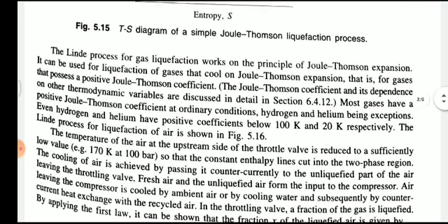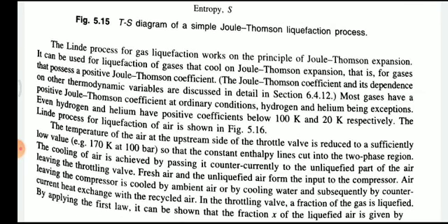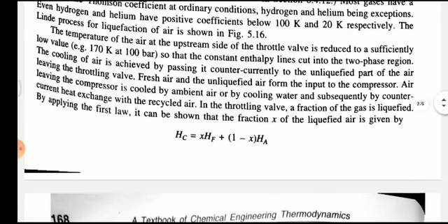Hydrogen and helium are exceptions; even hydrogen and helium have a positive coefficient below 100 Kelvin and 20 Kelvin. So the linear process for liquefaction of air is shown in figure 5.16.